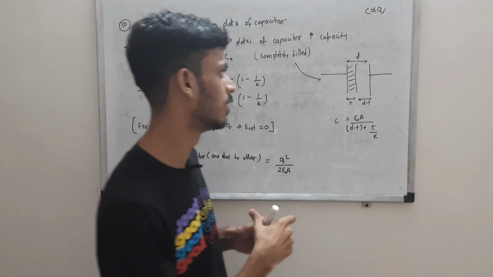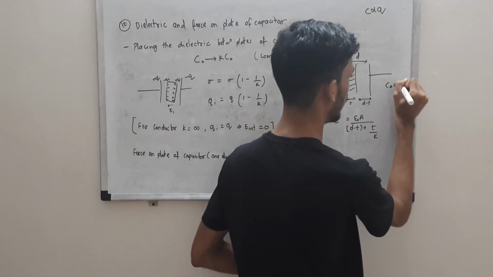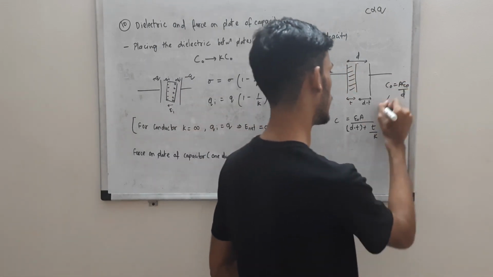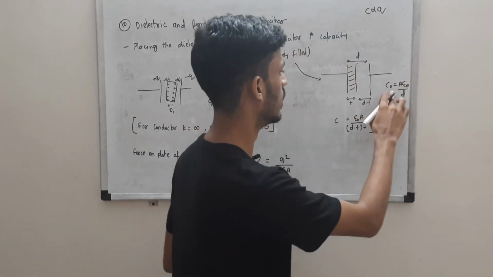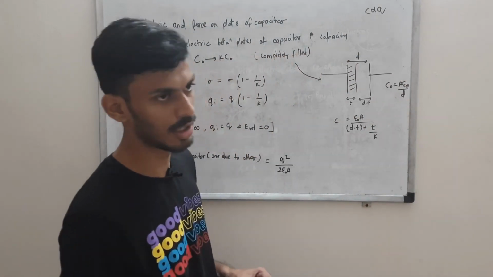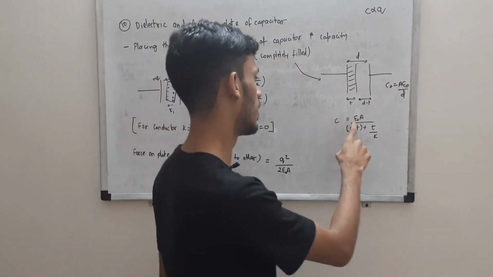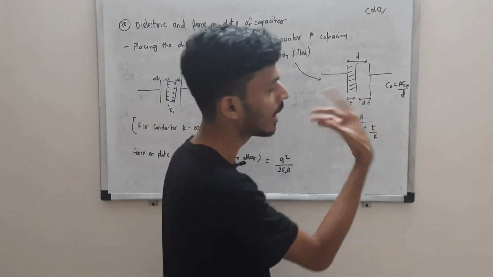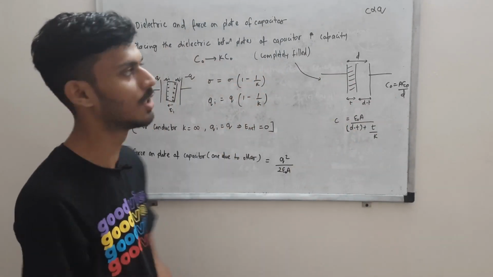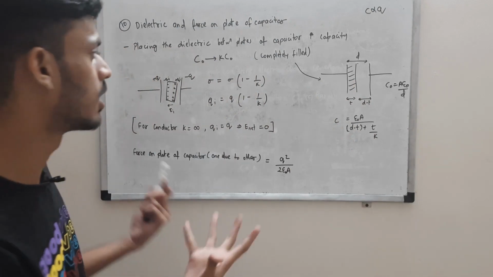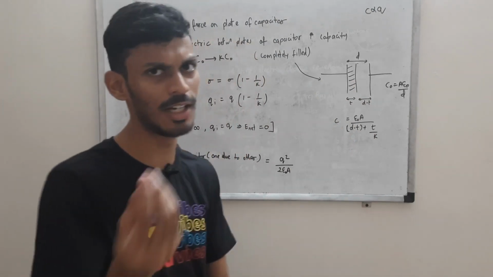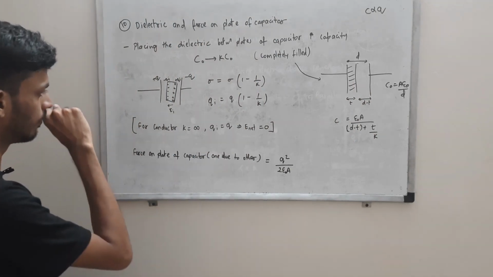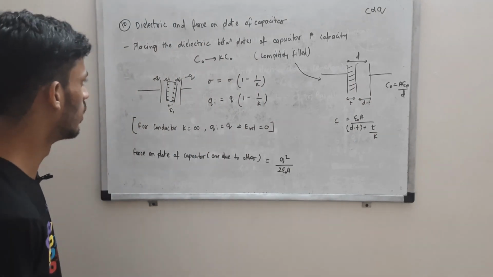C naught is A epsilon naught by D, and it is modified when you place the dielectric in a certain thickness T. It becomes epsilon naught A by D minus T plus T by K. K is the dielectric constant of the material, usually provided as a constant real number.